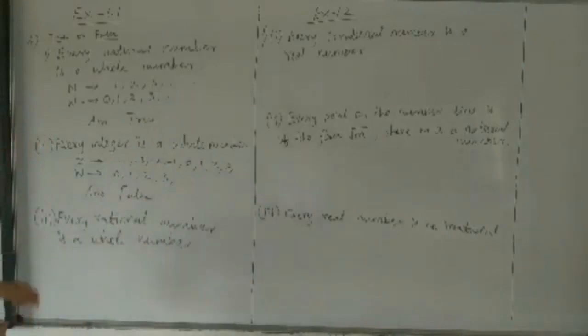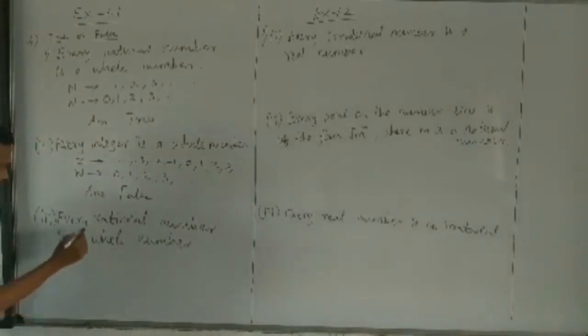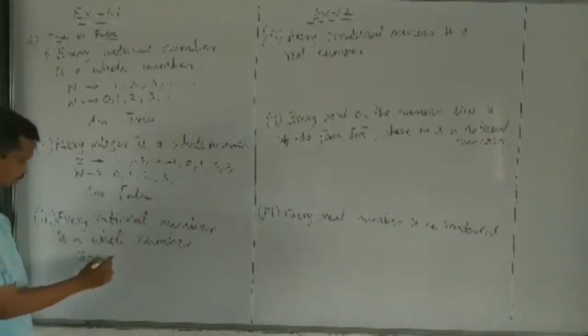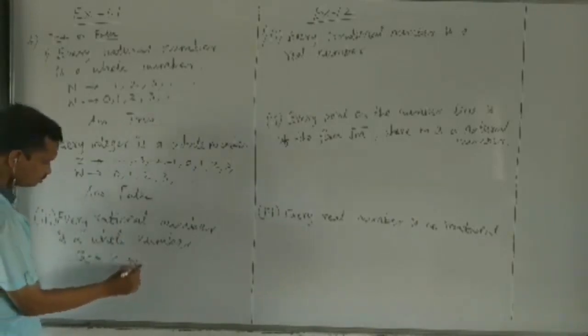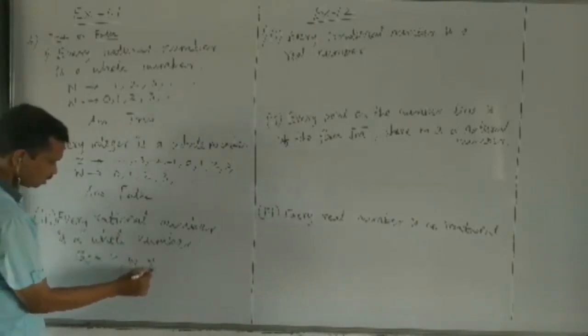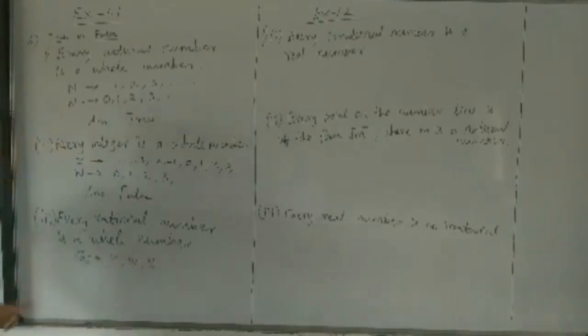And coming to the third option, every rational number is a whole number. Every rational number means Q. In this Q, integers will come, all the whole numbers and natural numbers, everything will come in this.